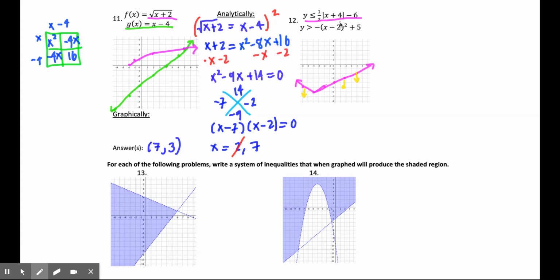Okay, and then this one's a parabola with a vertex of (2, 5). So plot (2, 5), and then it's an upside down parabola.